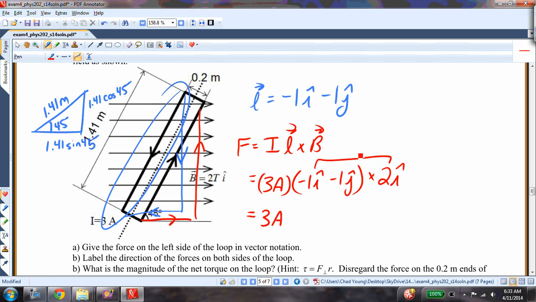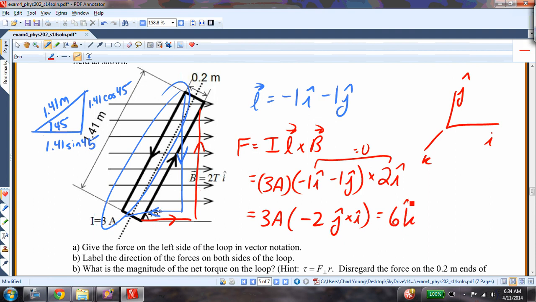This portion equals 0 because it's I cross I. So I get negative 2J cross I. And so J cross I is negative K, where you can do your right-hand rule. Fingers in the direction of J, pull towards I, or palm in the direction of I, gives you negative K. So this is positive 6K. All right, so that is the force, positive 6K on the left-hand side.